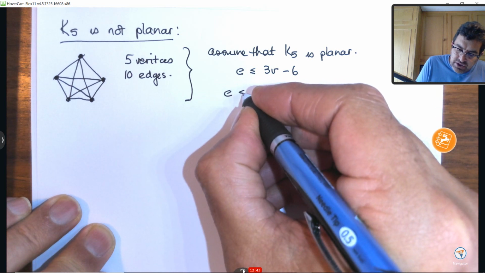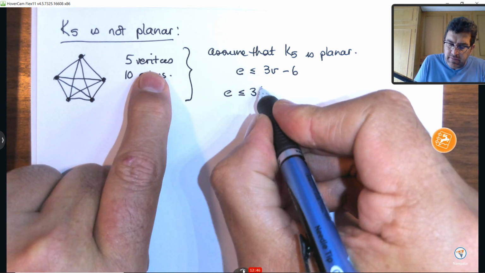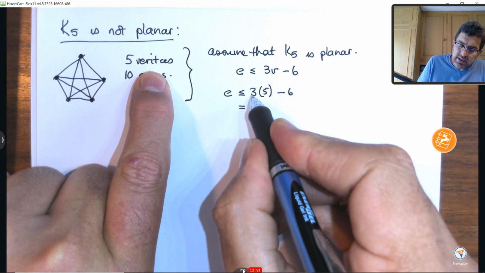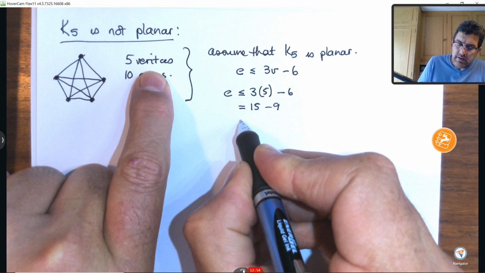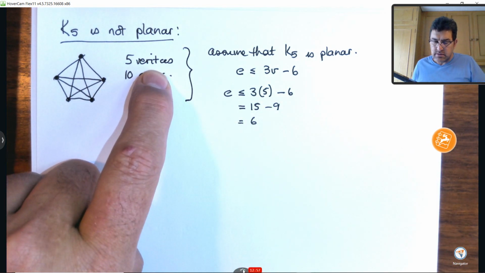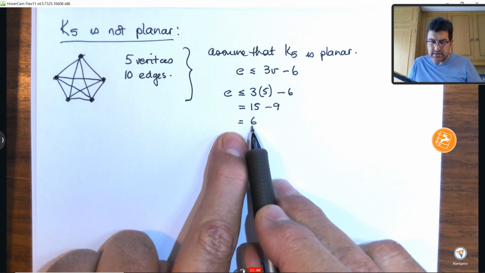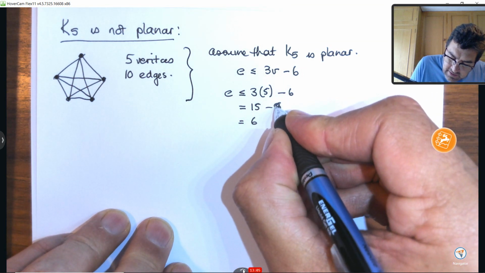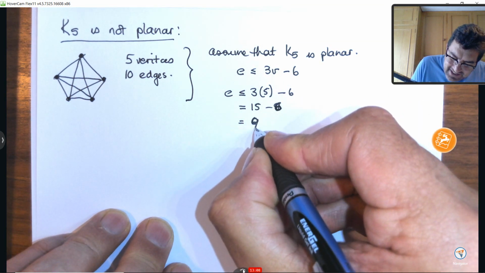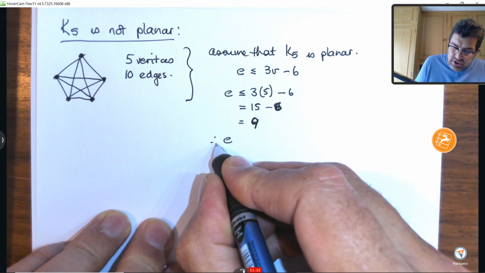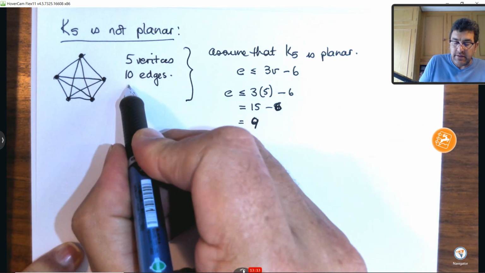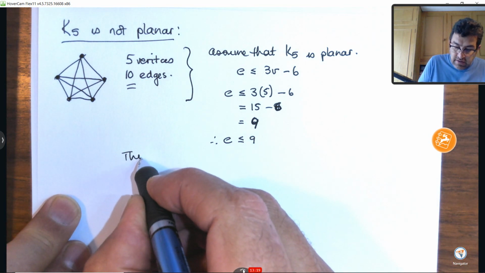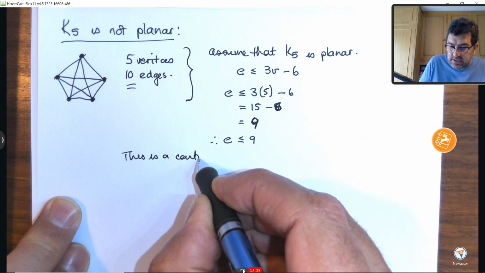So the number of edges will be less than or equal to 3 times the number of vertices minus 6, which is 15 minus 6, and 15 minus 6 is indeed 9. So the number of edges has to be at most 9, but there's 10 edges. Now, this is a contradiction.